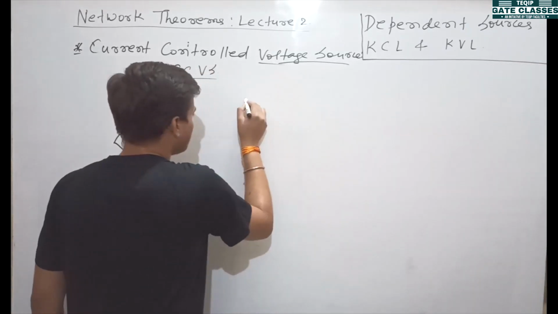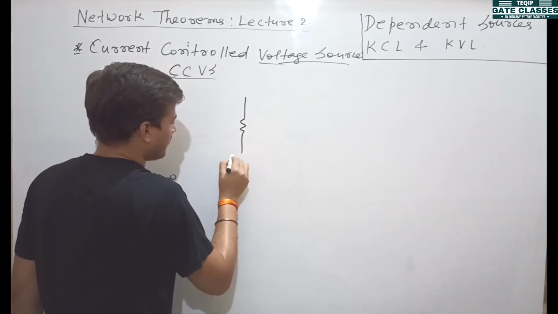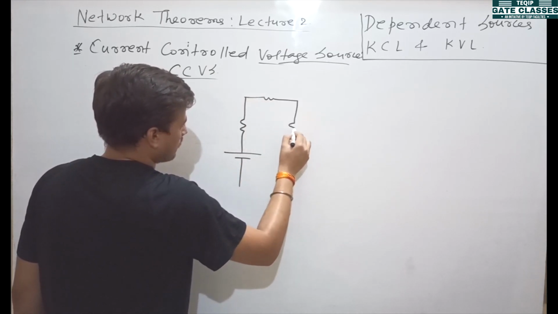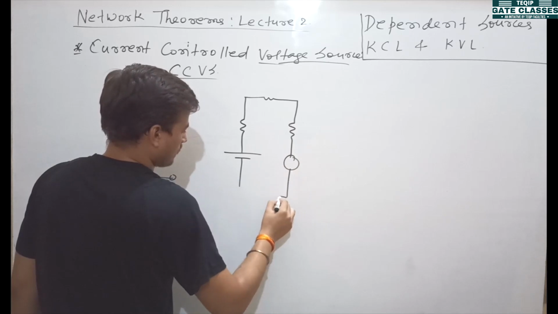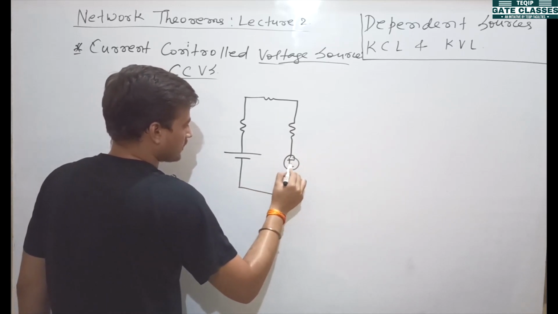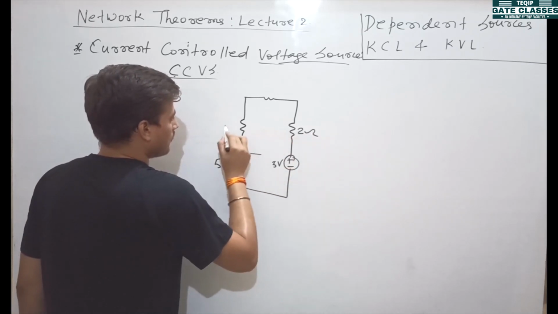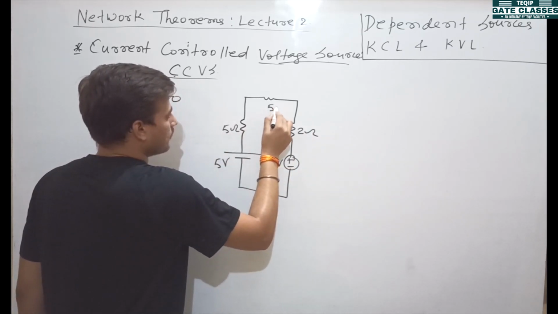For example, you see a 5 volt source, 2 ohm, 5 ohm, 5 ohm.